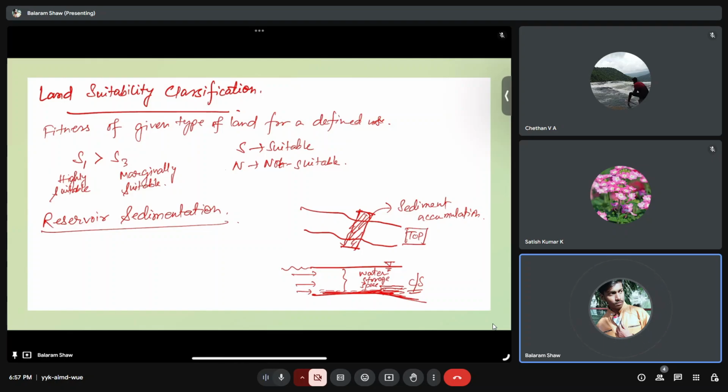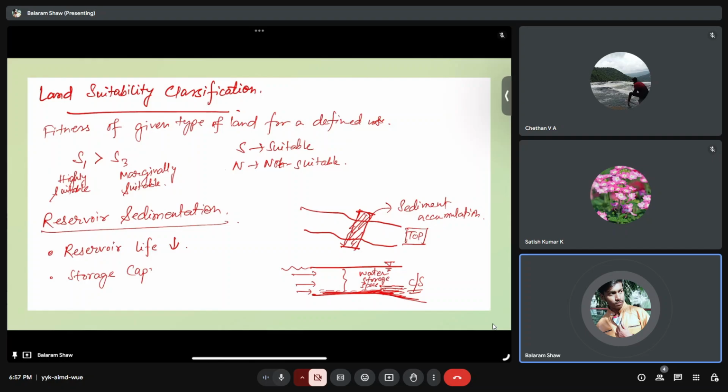Like we have seen, what is the dead zone in dams and all, right? That's dead storage, right? So all those things. So what will this reservoir sedimentation do? The life of the reservoir will reduce, right? Because the water storage capacity will reduce, and hence the storage life of the reservoir decreases.